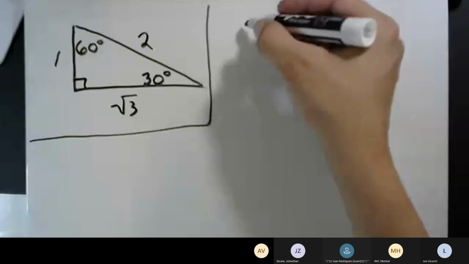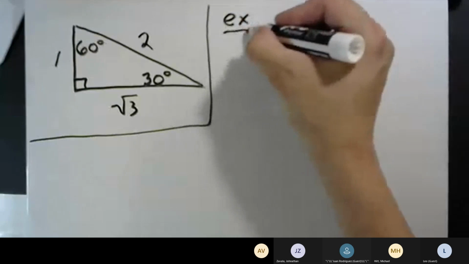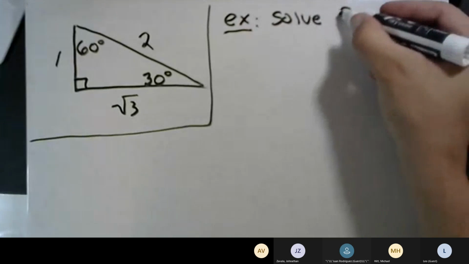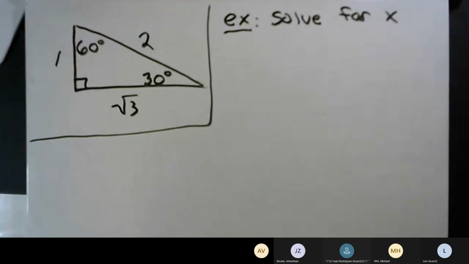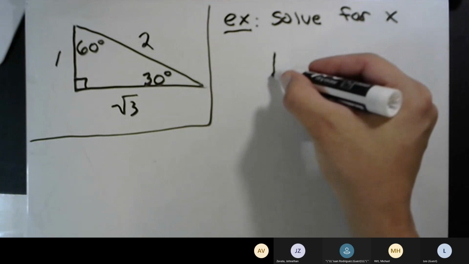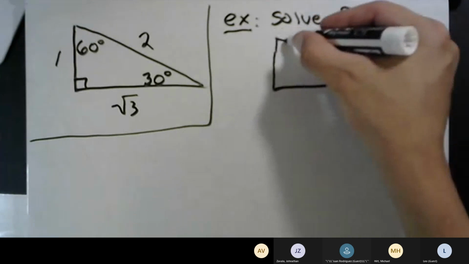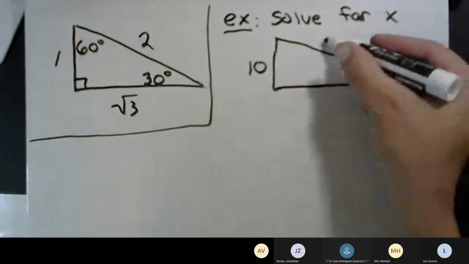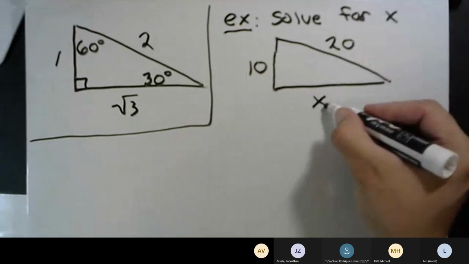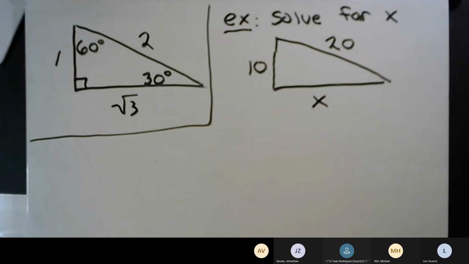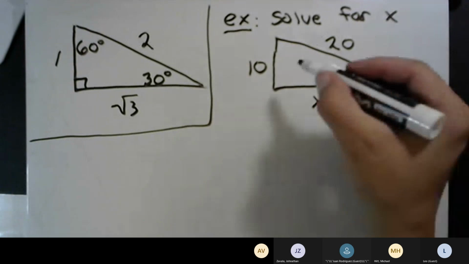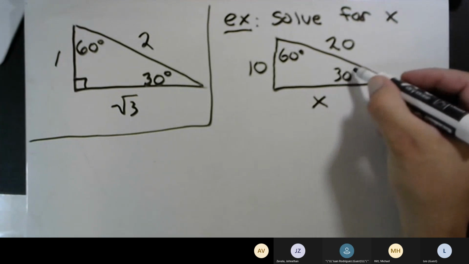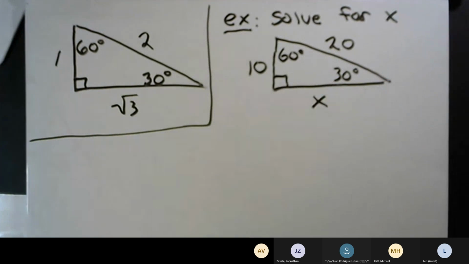So let's say we have something like this. You have 10, 20, and x. And this is 60. This is 30. And that's going to be 90.